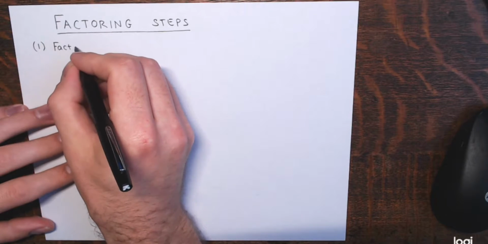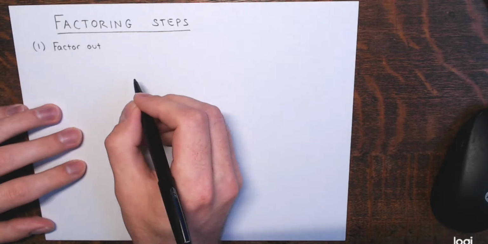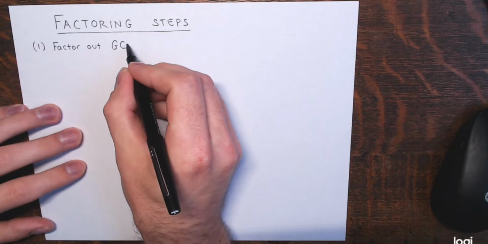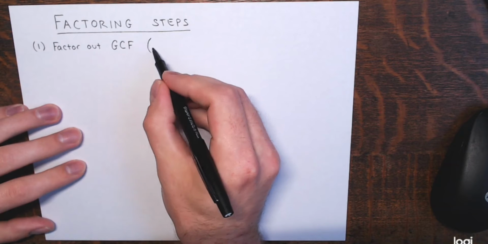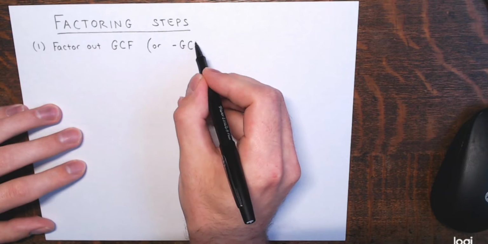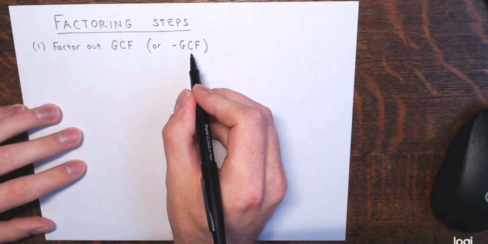You should look at all the terms and see if all those terms have something in common. Factor out the GCF, right, the greatest common factor, or the opposite of the GCF, the negative GCF. That's only when the lead coefficient is negative.